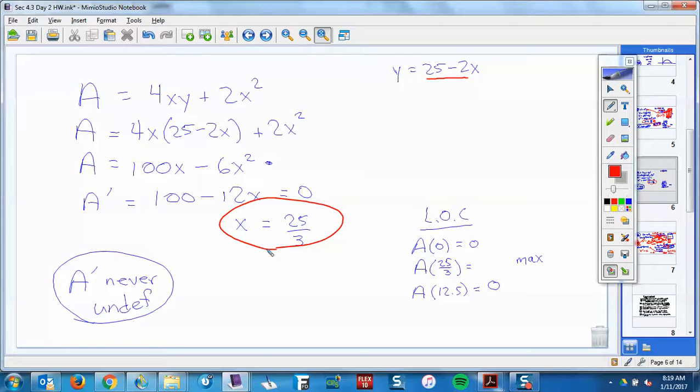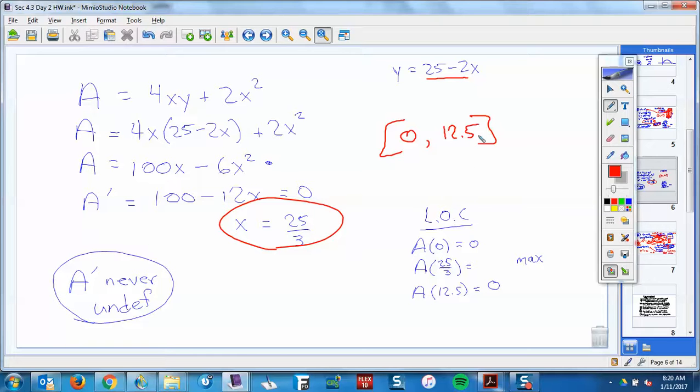There's nothing special about this problem, and it's kind of like we talked about with the square. For a given perimeter, for a given amount of material, the max volume and the largest surface area is going to be a cube. And so we can finish it out, but that's it. Again, the littlest x could be is 0, the biggest x could be is 12.5.